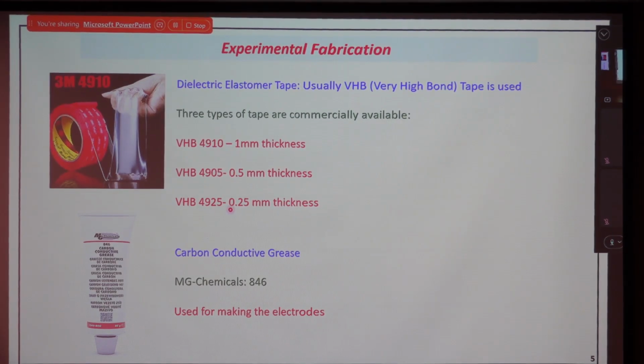And the important thing is, if you are pre-stretching the membrane, that will also play a very, very important role. That's why we are planning to show you the pre-stretching mechanism and membranes with different thickness. Right now we have only the 1 mm thickness membrane with us. So what is the concerning effect? If you pre-stretch, what is happening? Pre-stretching, you are basically expanding in the areal direction and reducing in the thickness direction.